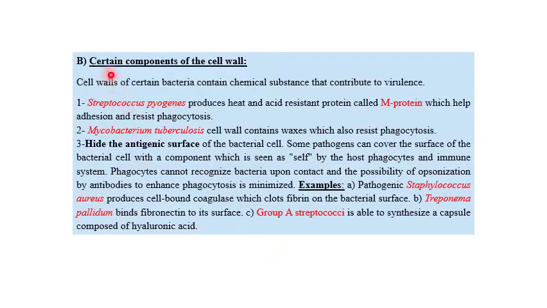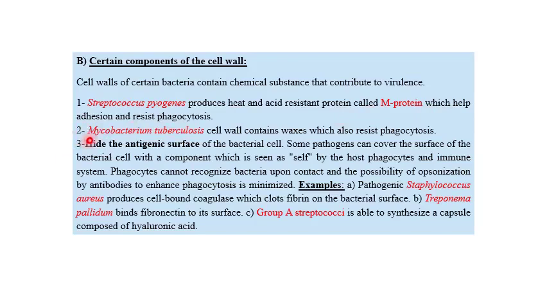برضو على حاجات بتساعد الأورجانيزم to protect itself from immune system في بيبقى certain components of the cell wall. زي إيه؟ Cell wall of certain bacteria contain chemical substances that contribute to virulence. Example عندنا Streptococcus pyogenes. على السيرفيس بتاعها بيبقى في حاجة اسمها M protein. دي بتبقى heat و acid resistant protein. فhelps the organism to adhere and also to resist phagocytosis.